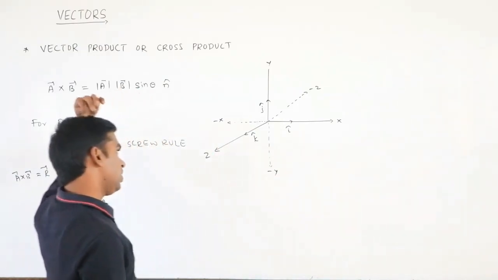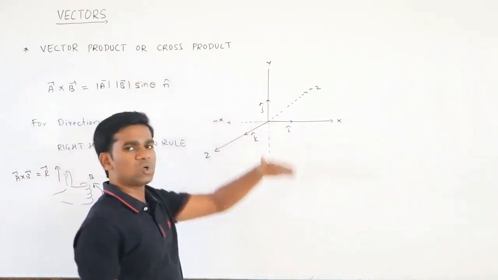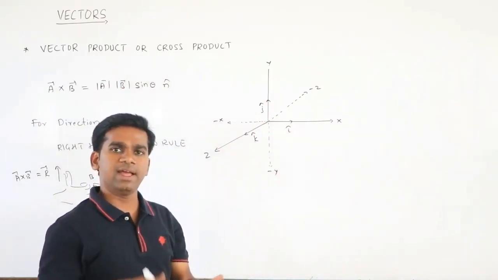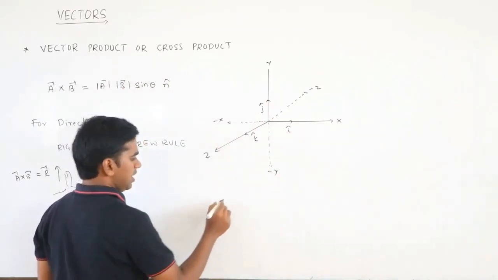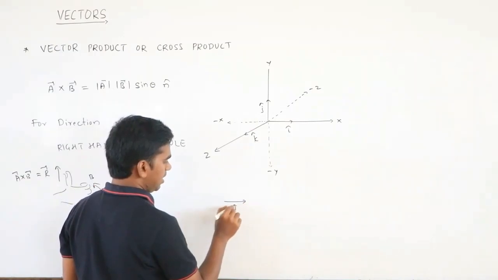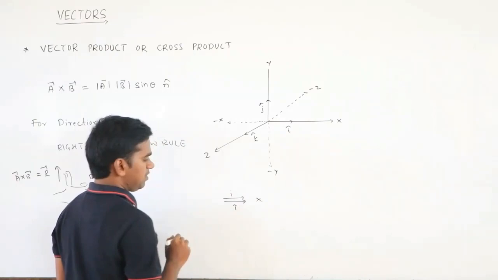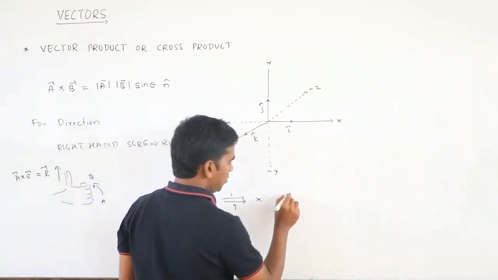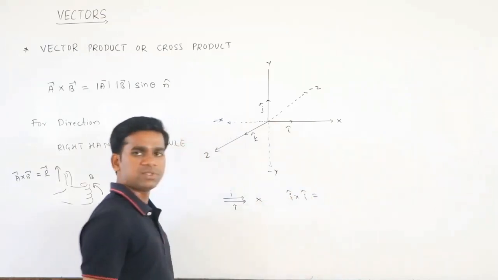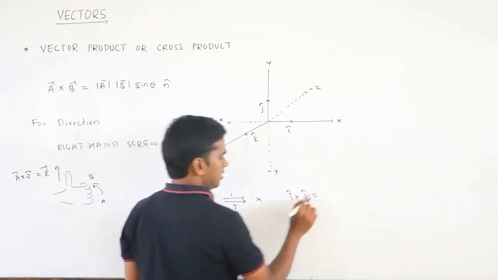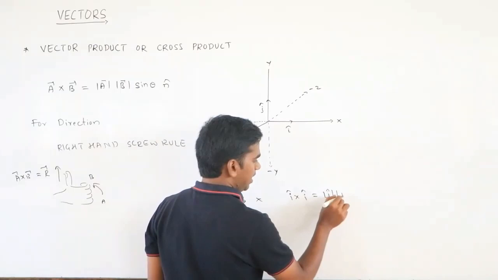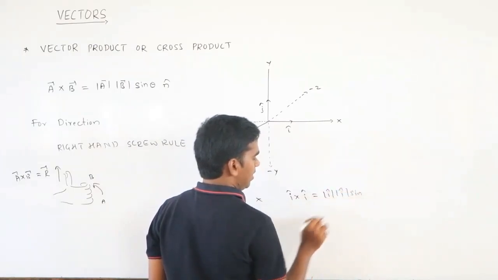Now I will see what the cross product of i and another i will be. Suppose I take a unit vector i cap here, and another unit vector along the same x direction. Then i cap cross i cap is equal to what? The magnitude of i cap, sine of the angle between them.